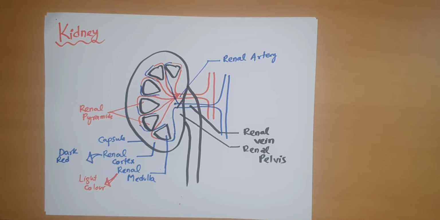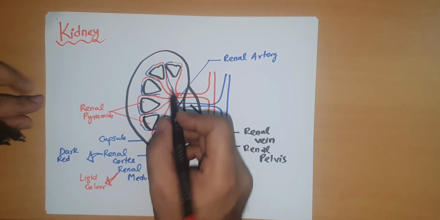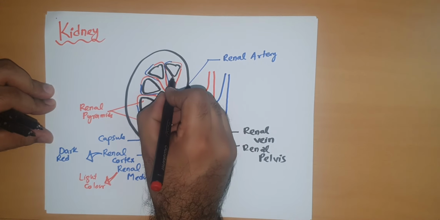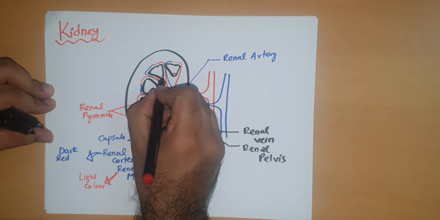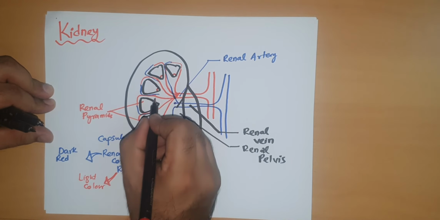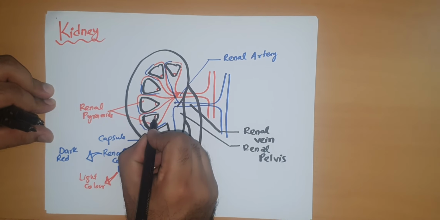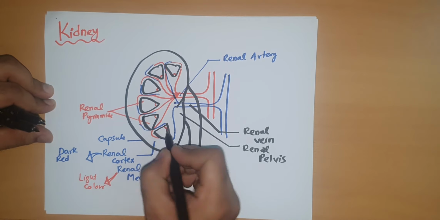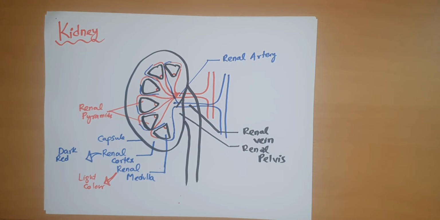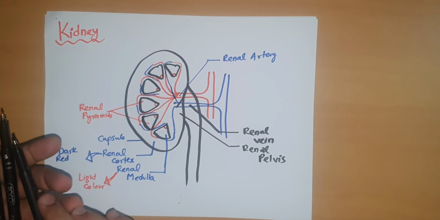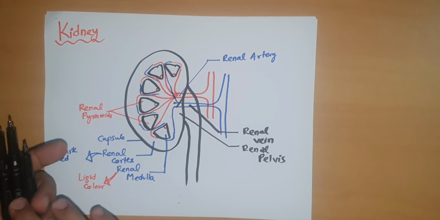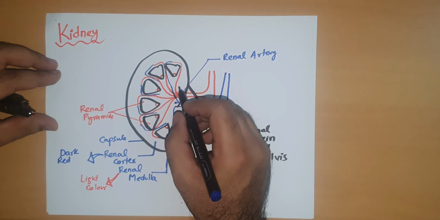Now, next thing which we are going to discuss over here, that at the apex of these renal pyramids over here, there are openings like this. Now these openings are called as renal papillae. Let me label these. These openings, these are called as renal papillae.